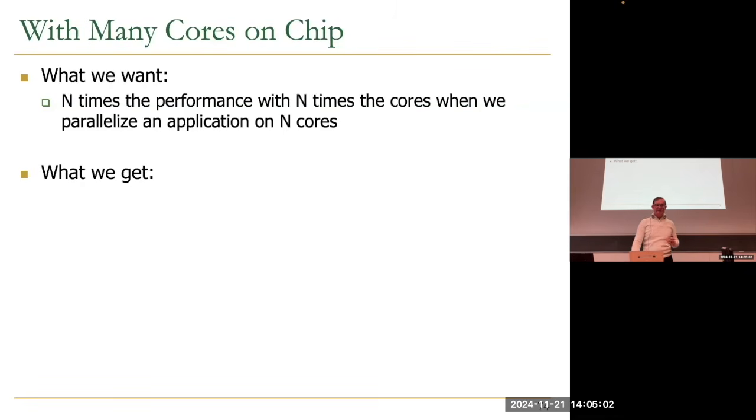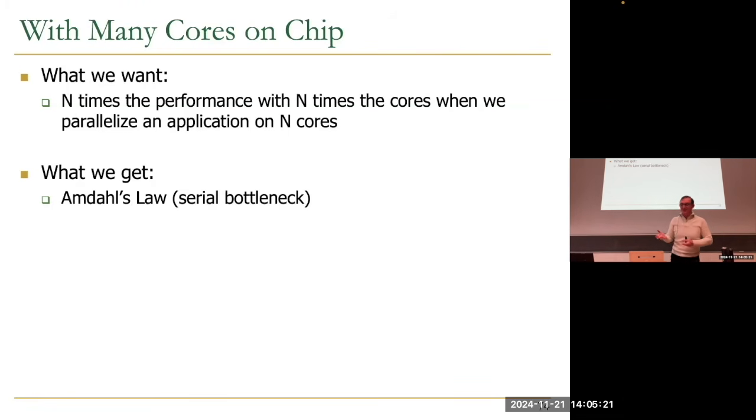But what you normally get is Amdahl's law. Hopefully people know about Amdahl's law. I'm going to show that. This is really the serial bottleneck. Your parallelization is limited by how much you can parallelize. If there's a part of your code that you cannot parallelize, that really bottlenecks your performance. So you want n times the performance, but 50% of your code you cannot parallelize.